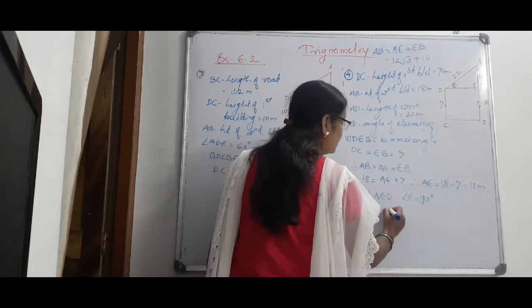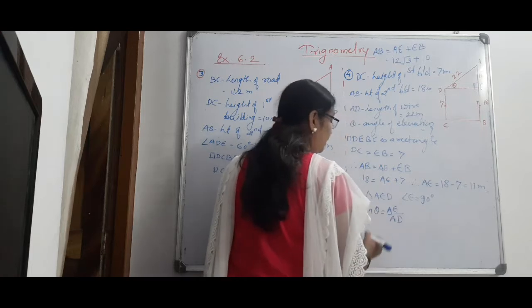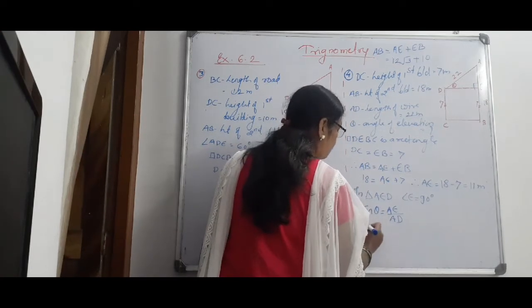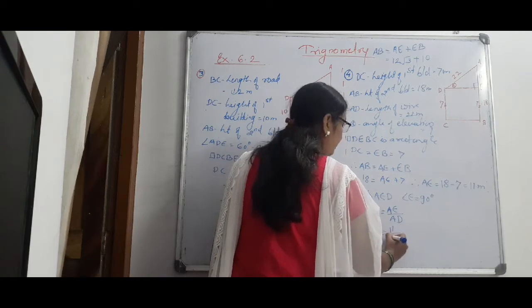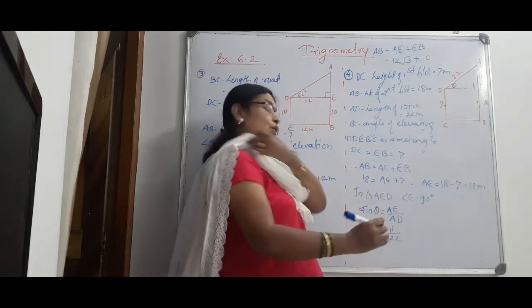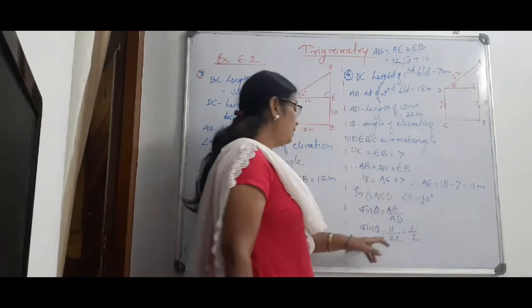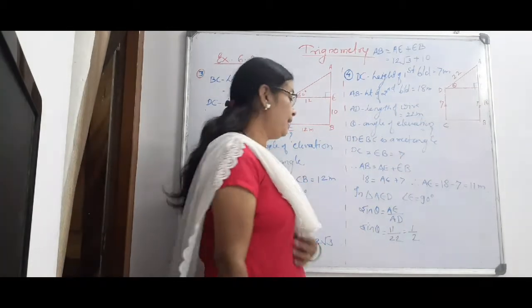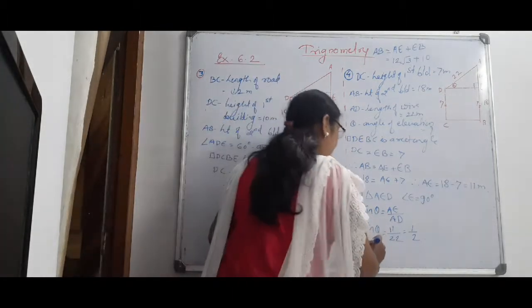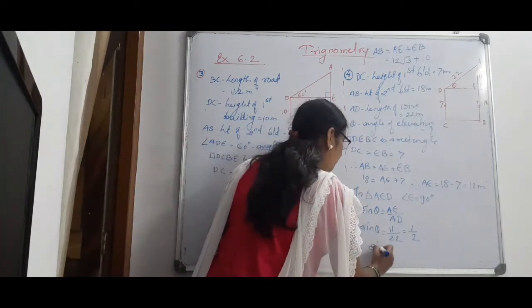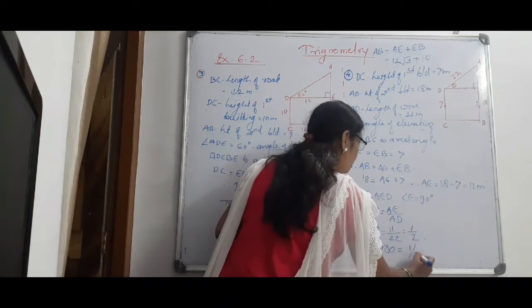Sine theta is AE upon hypotenuse AD. Now AE is how much? 11. AD is 22. What you get? 1 upon 2. Now whose angle is 1 upon 2? Angle 30. Sine 30 is 1 upon 2.